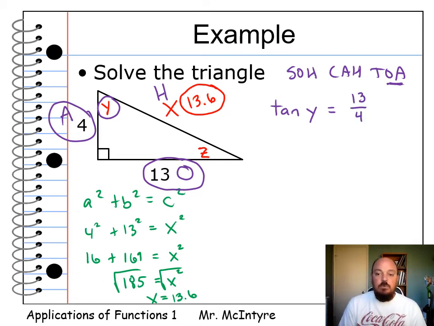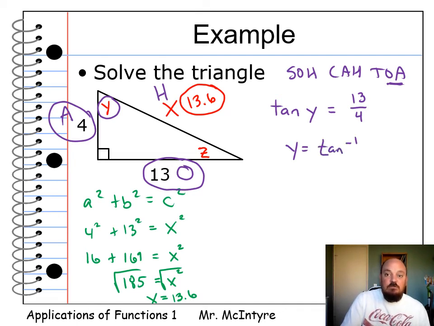Now, finally, this is what we learned brand new this week. This is the inverse trig part. If it said tangent of a number, like tangent of 20, that's when you just grab a calculator and type. But when it says tangent of a variable, like y, that's when you use inverses. So what I'm going to actually type, I'm going to put y equals, because that's what we're solving for. What I'm going to actually type into the calculator is inverse tangent of 13 over 4.